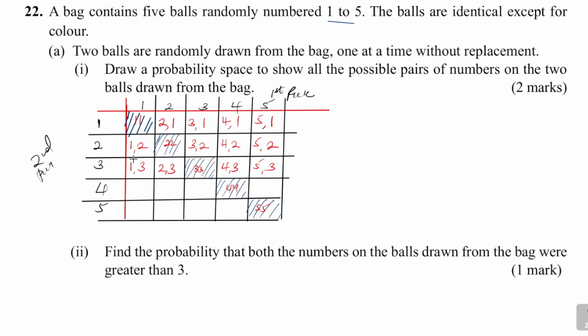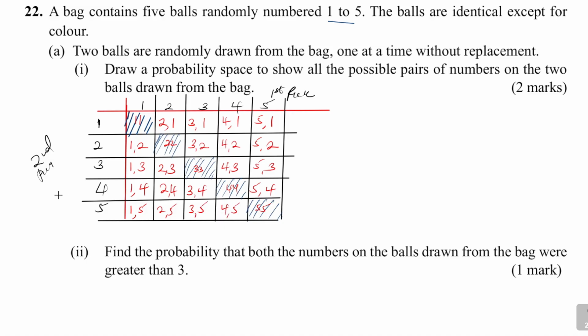And then we go to the other one, the first one being a 1, the other one a 4. The first pick, you get a 2, and then a 4, 3 and a 4, and then 5 and a 4, then 1 and a 5, 2 and a 5, 3 and a 5, 4 and a 5.